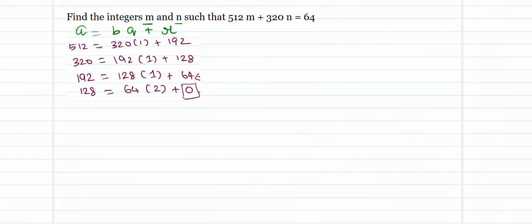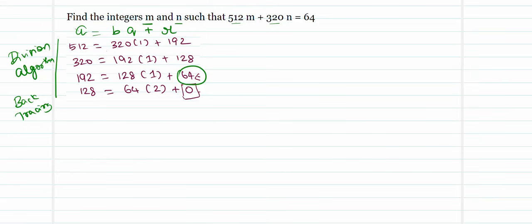First express this using Euclid's algorithm and then convert it using the division algorithm. The backtracing will help us reach the initial quantities 512 and 320 from the quantity 64. So we are going to use the technique of backtracing.